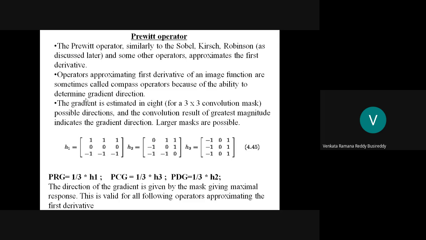Naturally, we take a base number of rows and columns for edge detection. Naturally we go for 3 by 3, sometimes 5 by 5. Different scientists use different sizes.